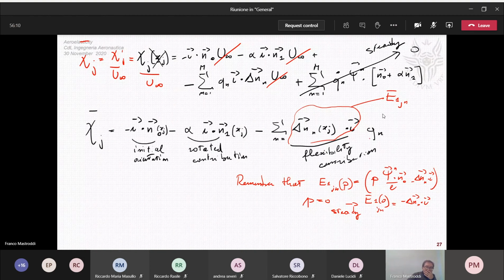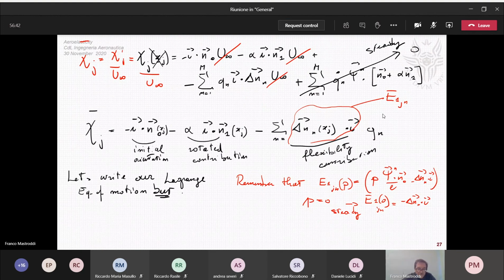Okay, we are ready to rewrite together. Let's write our Lagrange equation of motion for our wing in the wind tunnel, but for the steady case.